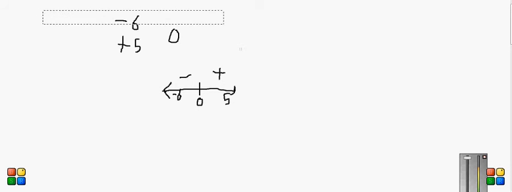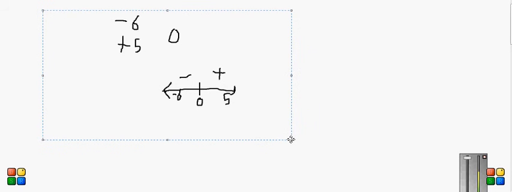Now let's begin talking about the coordinate grid. The coordinate grid is shown like this. It has 4 quadrants. Quadrant 1, 2, 3, and 4.